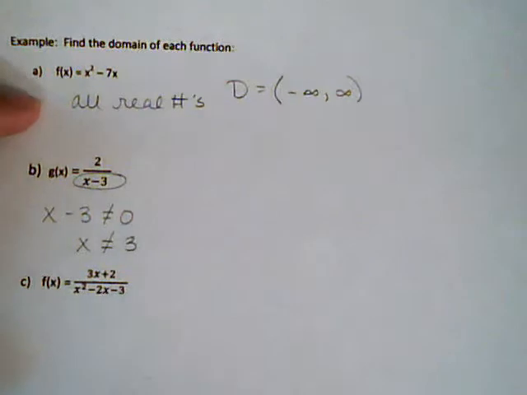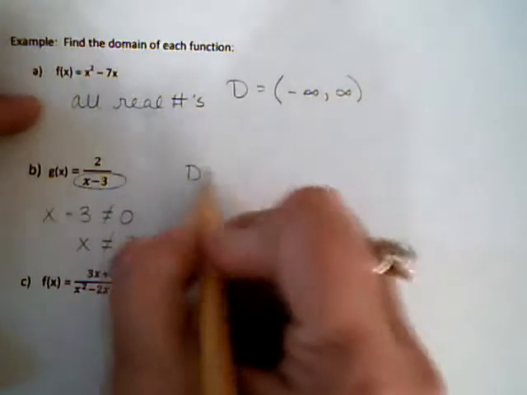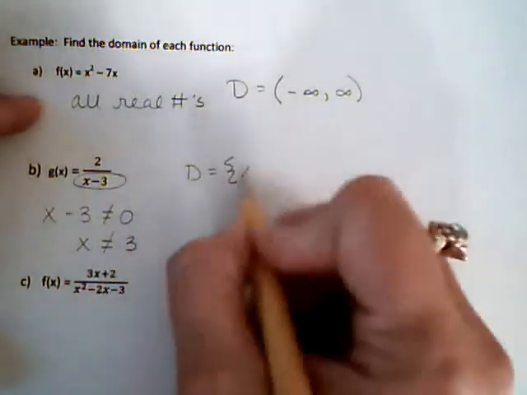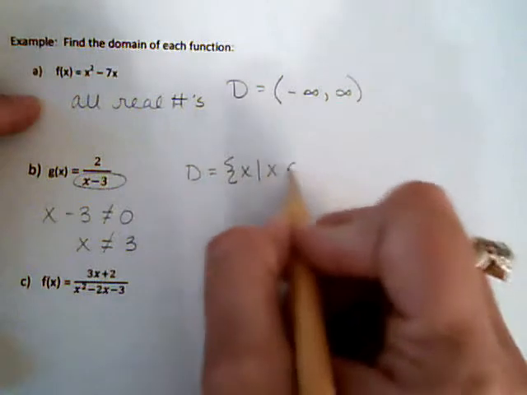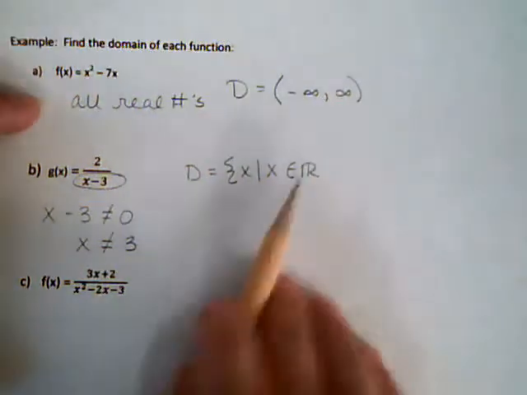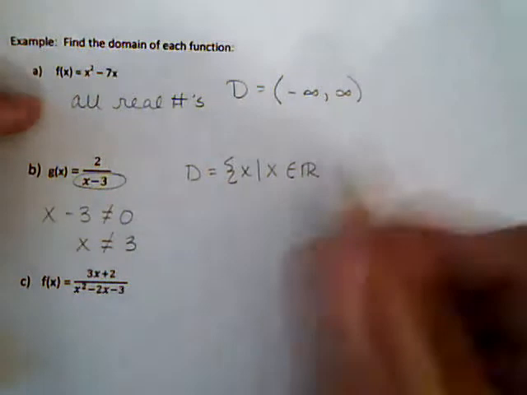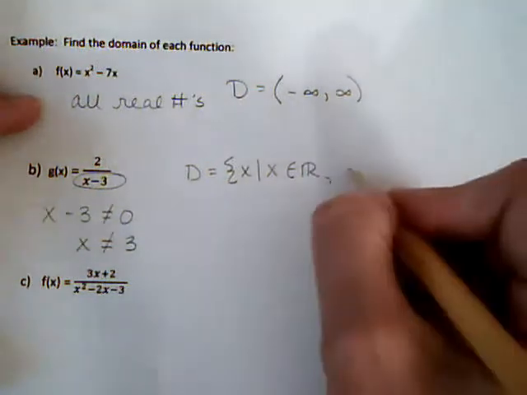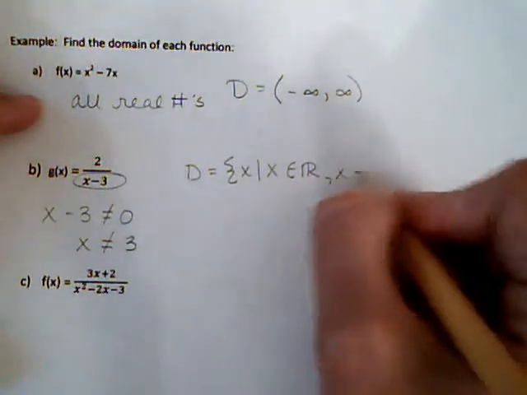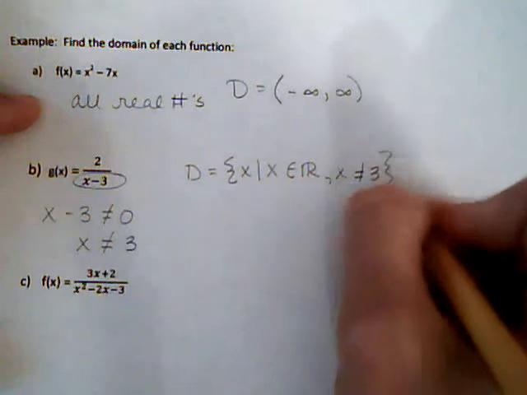Let me show you two ways you can write it. Set notation would be the set of all x such that x is an element of the real numbers, and x cannot equal 3.